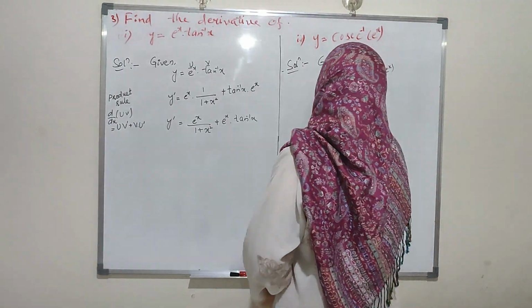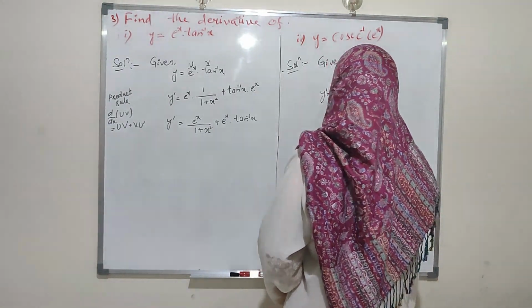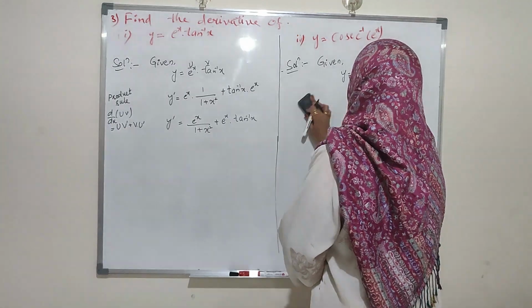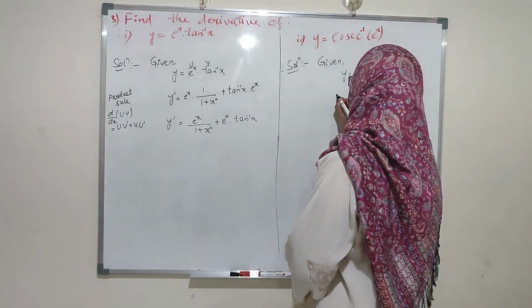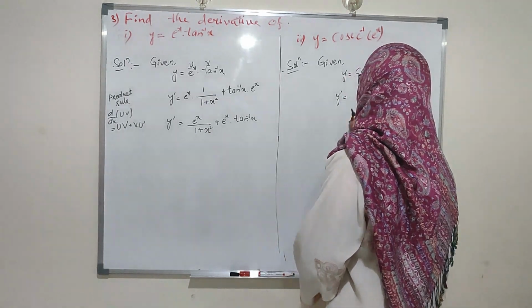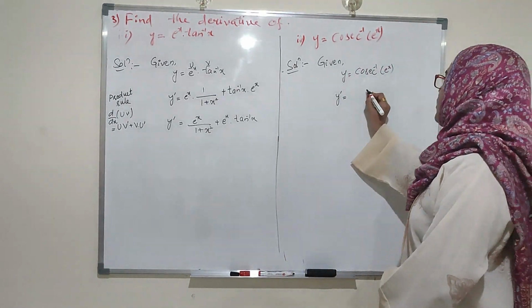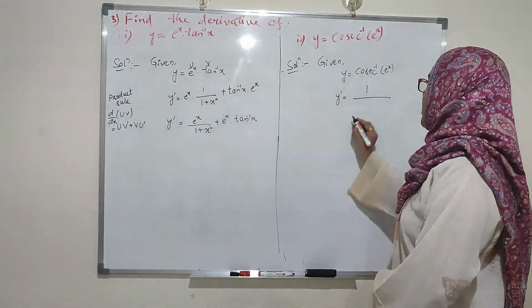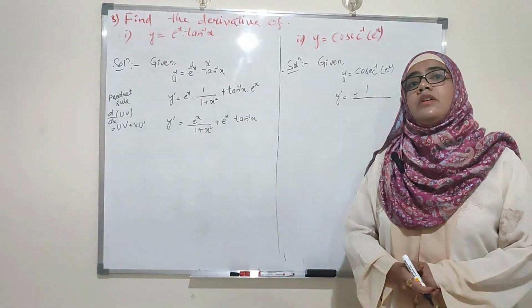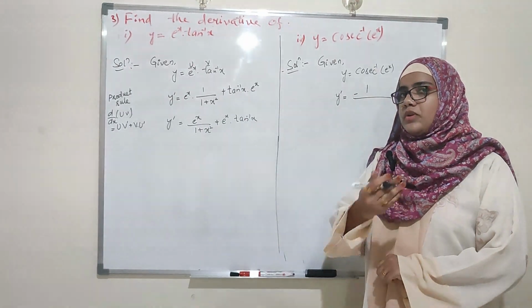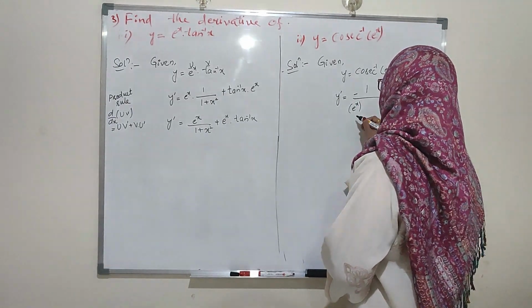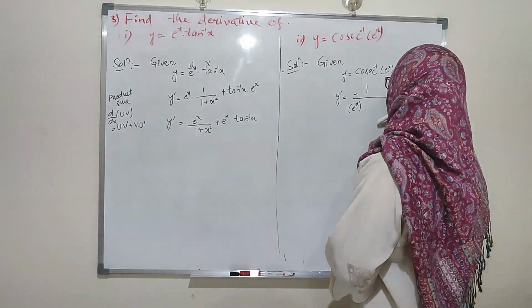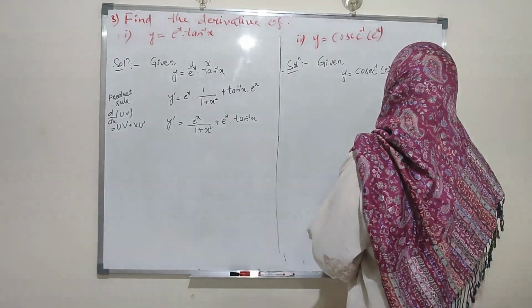See here, the differentiation of y, y dash, is equal to 1 by minus of e raised to x, because for cosec inverse we have to take minus. What is the formula for cosec inverse differentiation?